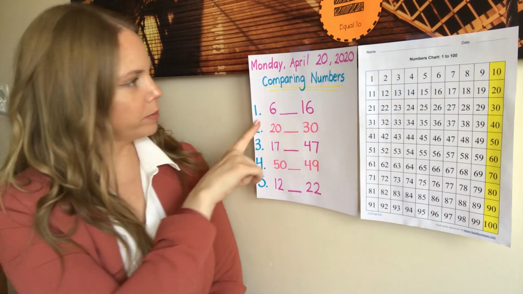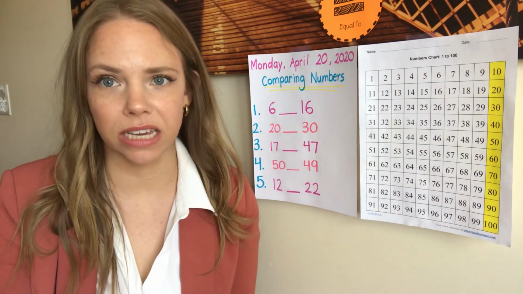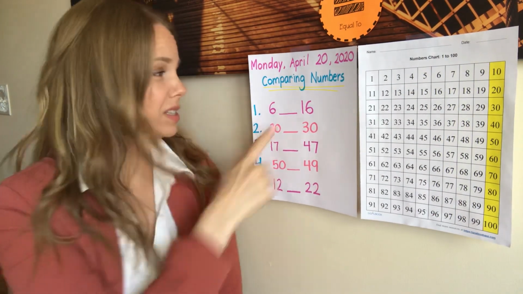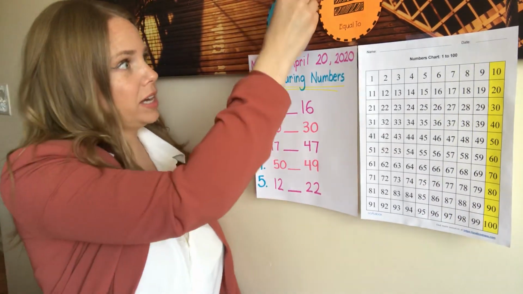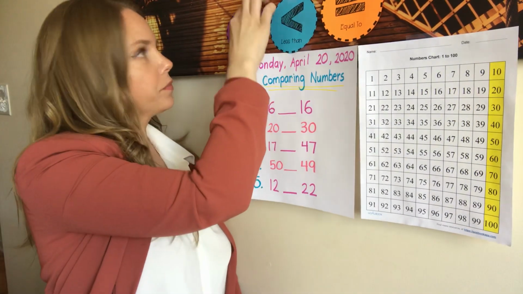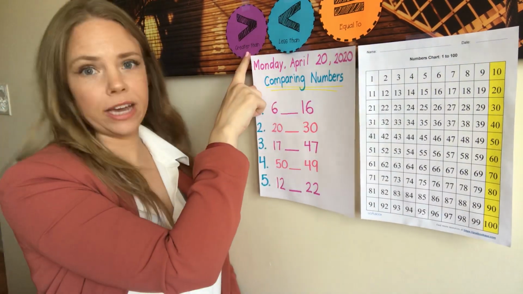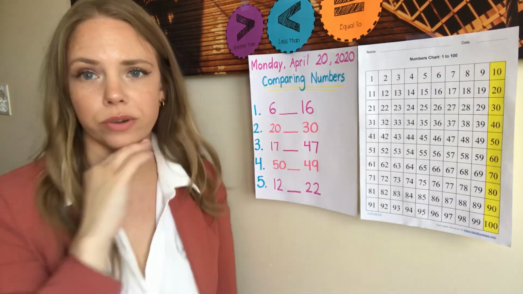The first problem says 6 blank 16. And our job is to write one of the comparing symbols on that line. Okay, so the 3 symbols that we can choose from are greater than, less than, or equal to.